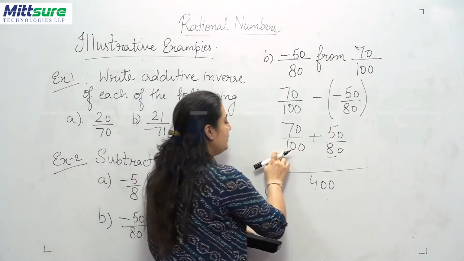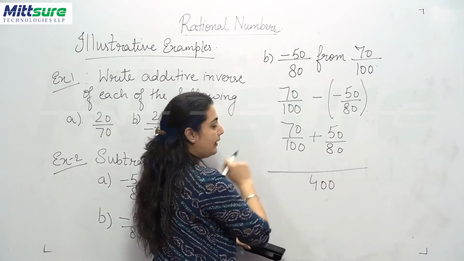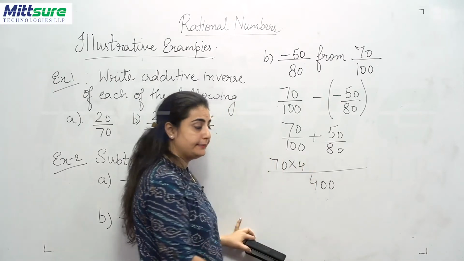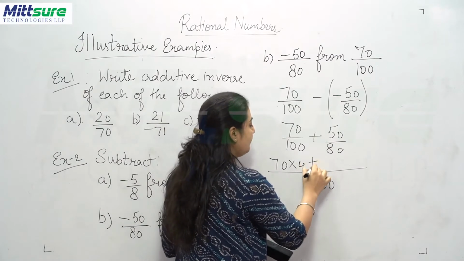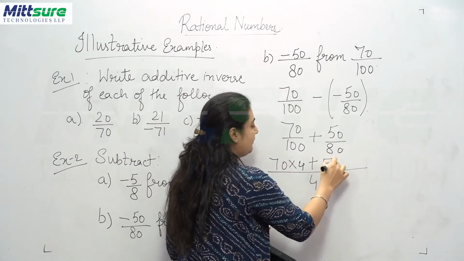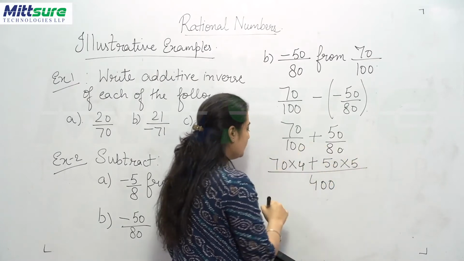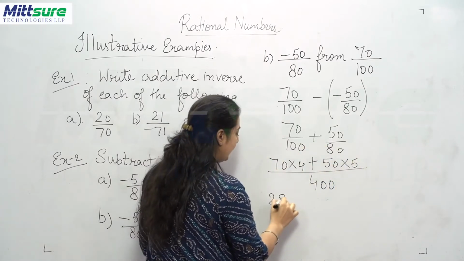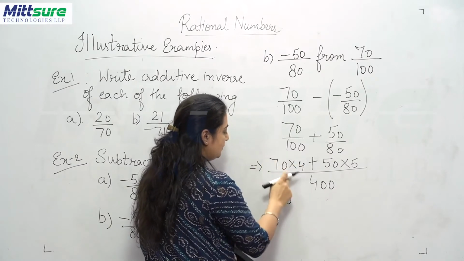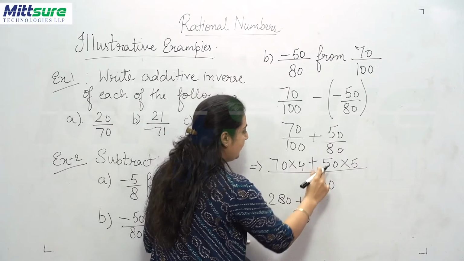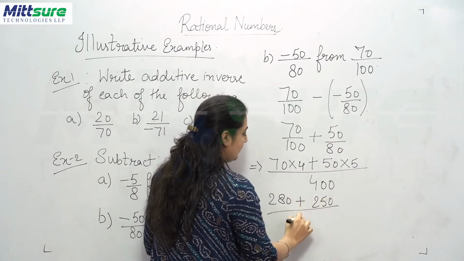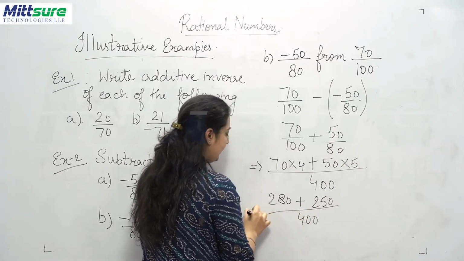Okay. So when you divide 400 by 100, it goes 4 times. Right? And when you divide 400 by 80, it goes 5 times. So here I will get 280 because 7 4s are 28, 0 as it is, plus 5 5s are 25, 0 as it is, upon 400.